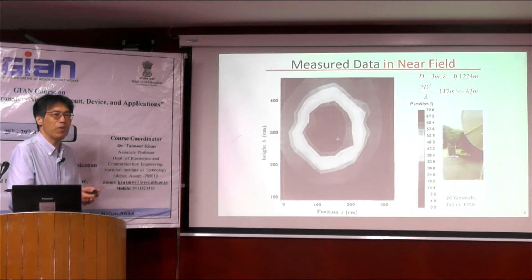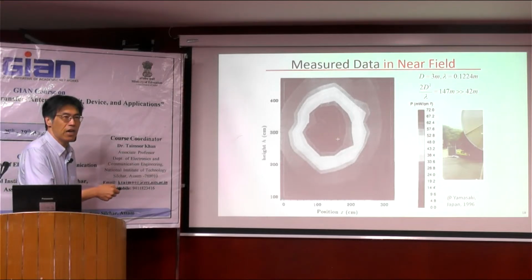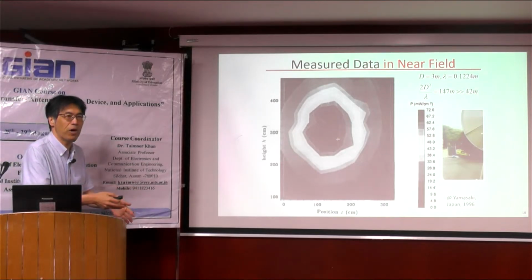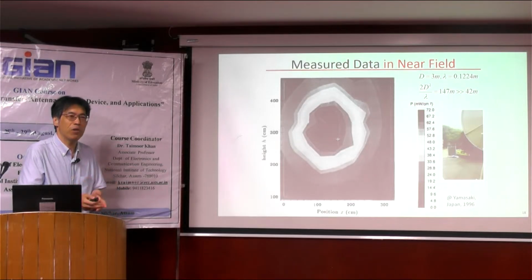Please imagine when we use the Friis transmission formula. At first, for example, we put a small receiver here, and we can estimate the received power by the Friis transmission formula. But next, we change the aperture of the receiver to be, for example, 10 times larger.